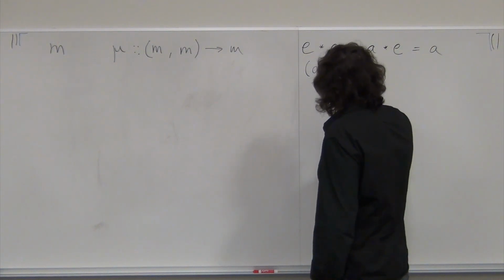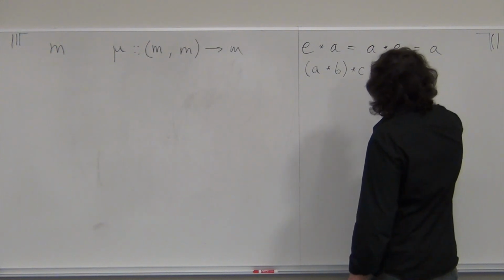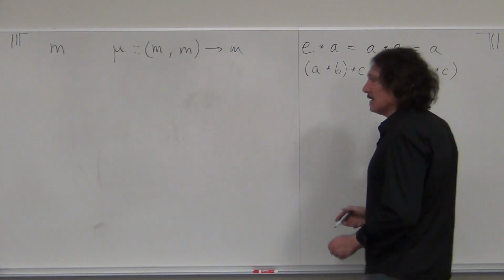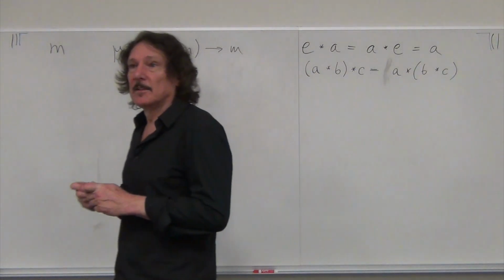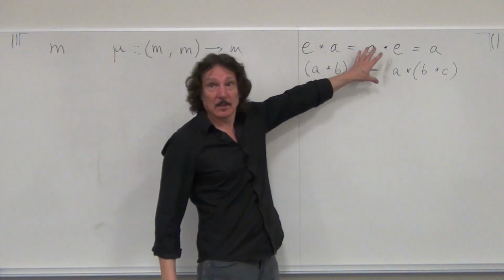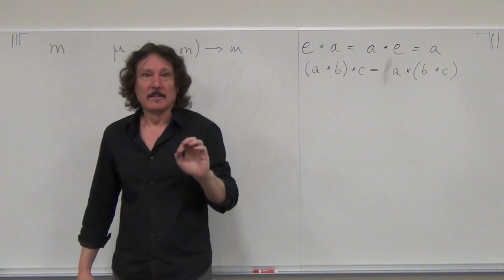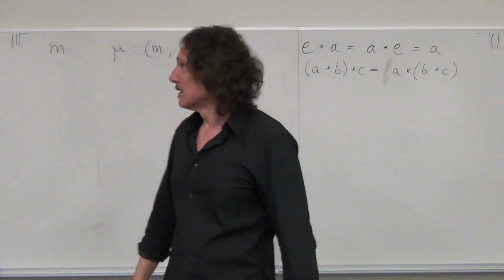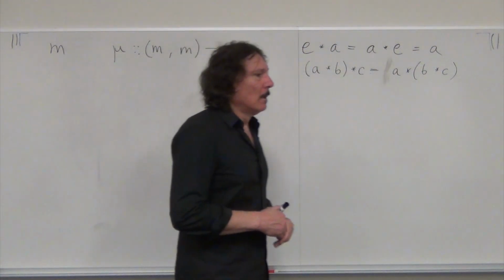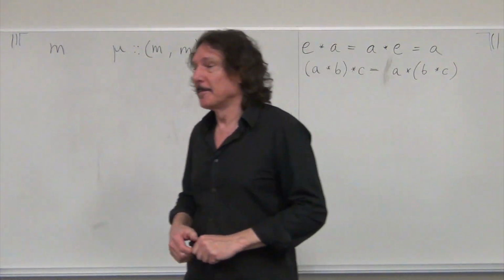So A times B times C must always equal A times B times C, grouped either way. That's a definition of a monoid. In fact, if we didn't impose these conditions, it would be called a magma. There's something called a magma. There are no additional conditions, just a binary operation. But monoids are everywhere.